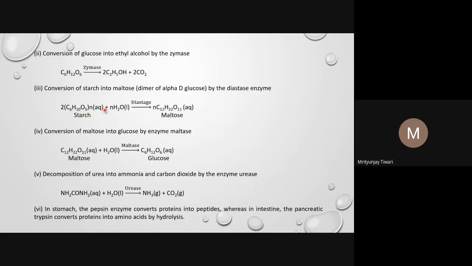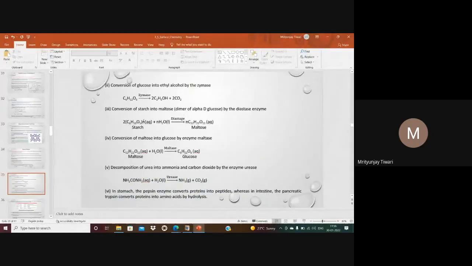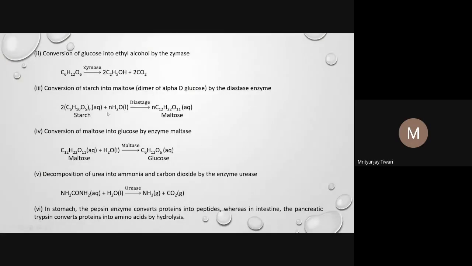One can write the general formula for starch as C6H10O5 with n in the subscript, meaning there are n such units.